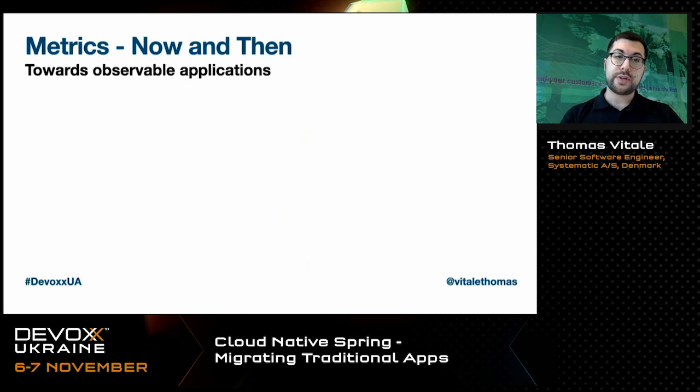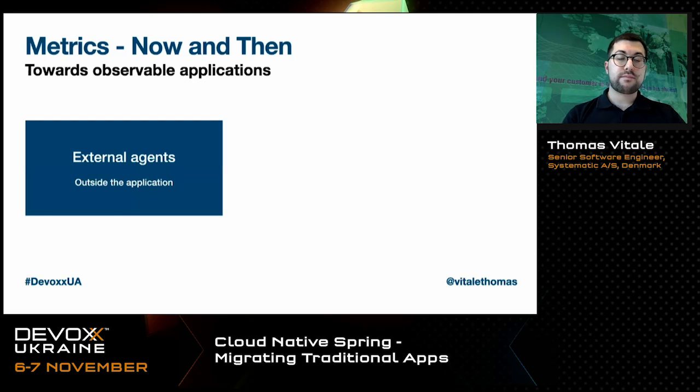And finally, metrics. We have a switch from having, outside the application, some agents collecting and fetching metrics. If you think about the application server where we have several applications deployed, we can deploy also some agents on the same application server fetching metrics for us.